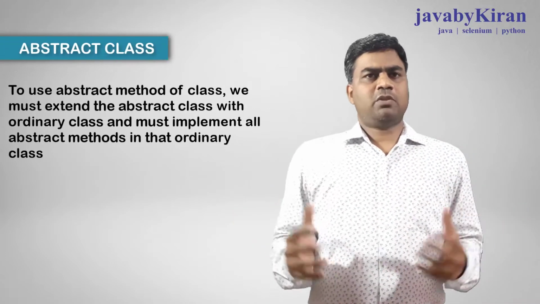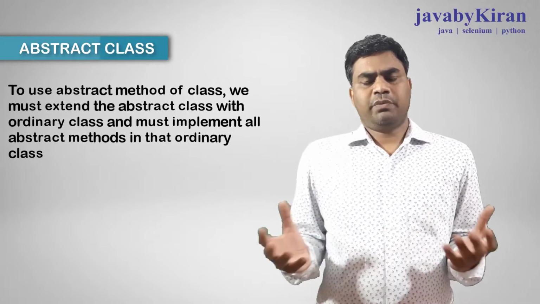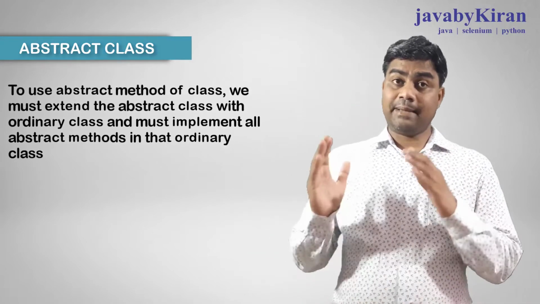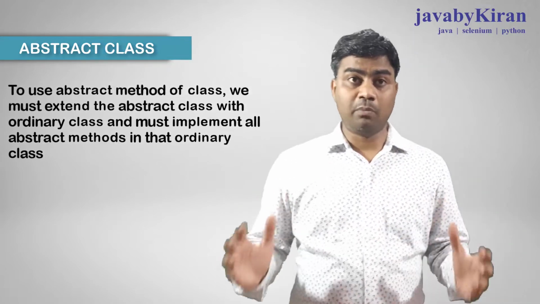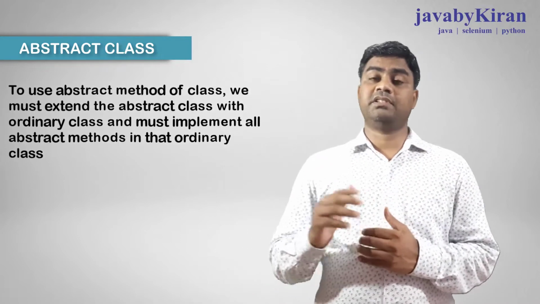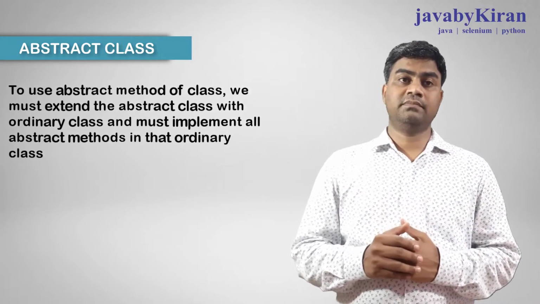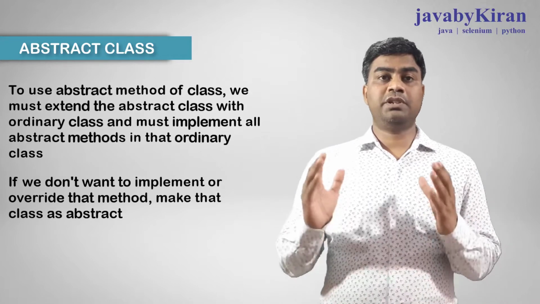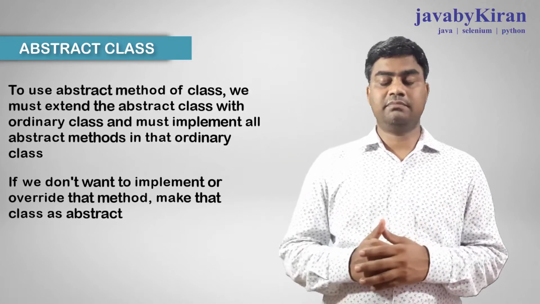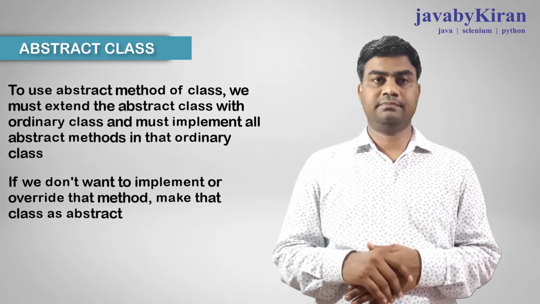Please remember, to use abstract methods of a class, what we need to do? We must extend the abstract class with an ordinary class, and must implement all abstract methods in that ordinary class. If we don't want to implement or override those methods, make that class abstract.